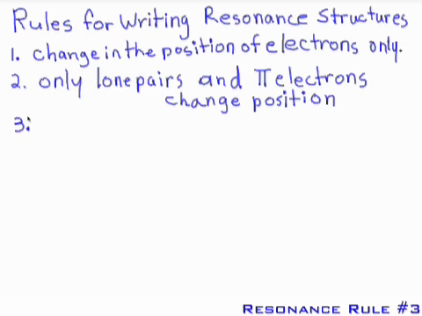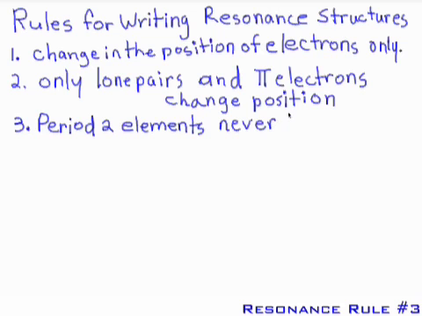So, period 2 elements never have more than 8 valence electrons. Emphasis on the more. They can have less, but they can't have more.